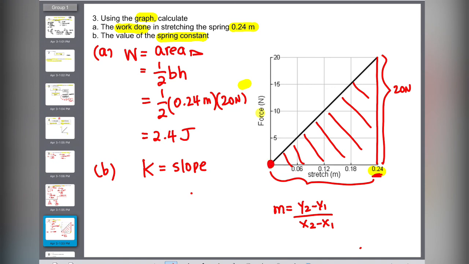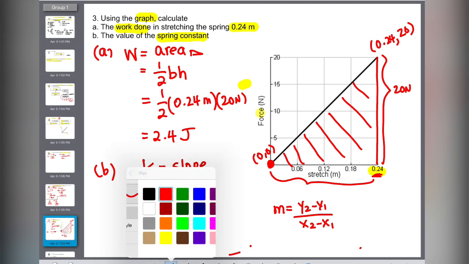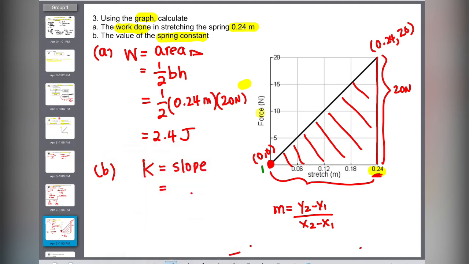This is an easy one, a 0, 0. I always pick things that are on the grid that's easy. Okay, this other point is along the axis 0.24 and then the rise is 20. So this is your x1, y1, and this is your x2, y2.